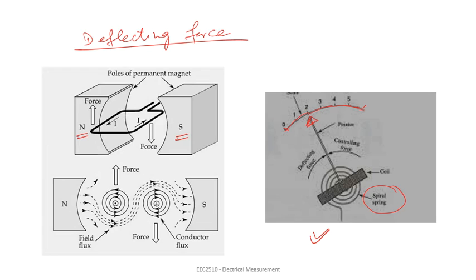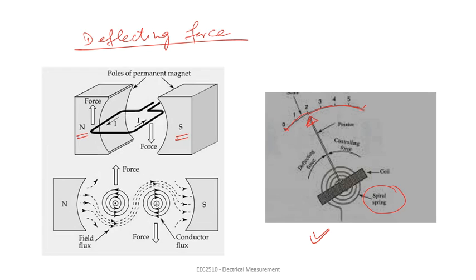So this is the function of the controlling force, and when the current flows, the spring winds up as the coil rotates, and the force they exert on the coil increases. So as soon as the current starts flowing, the spring winds up as the coil rotates, and as the spring winds up, the force which they are exerting on the coil will increase.